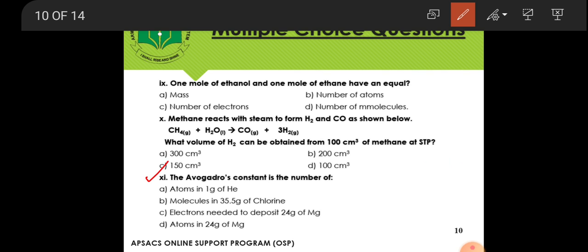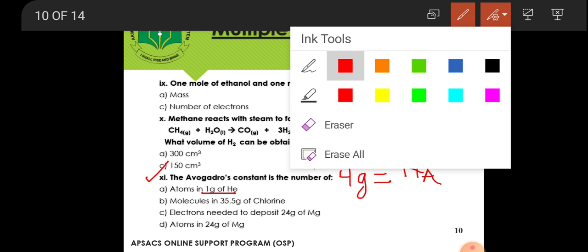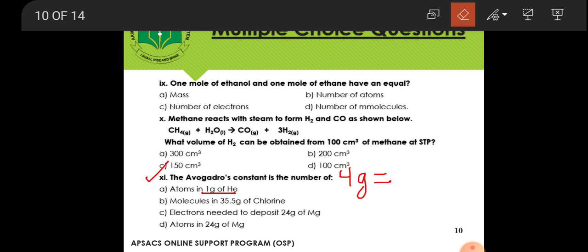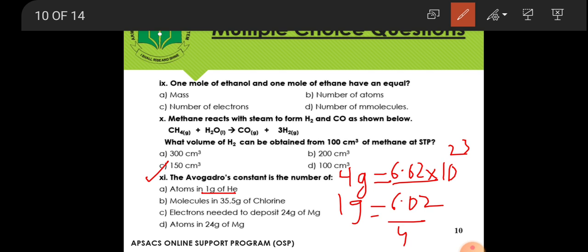Yes, friends, question number 11. The Avogadro's constant is the number of atoms in 1 gram of helium? No. We know that 4 gram, this is the mass of helium. 4 gram of helium contains Avogadro number of atoms. So 1 gram of helium contains less atoms. 4 gram of helium contains 6.02 into 10 raised to power 23 atoms of helium. 1 gram of helium will contain 6.02 divided by 4 multiplied by 1.